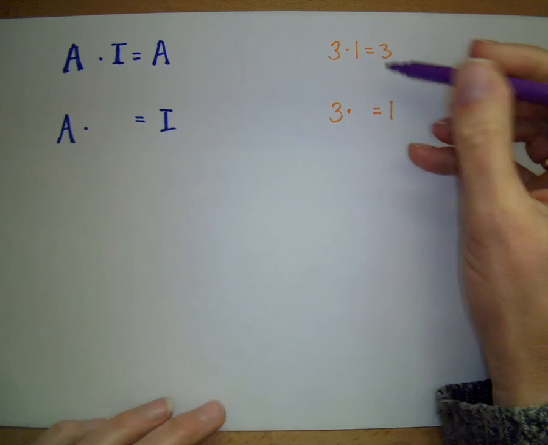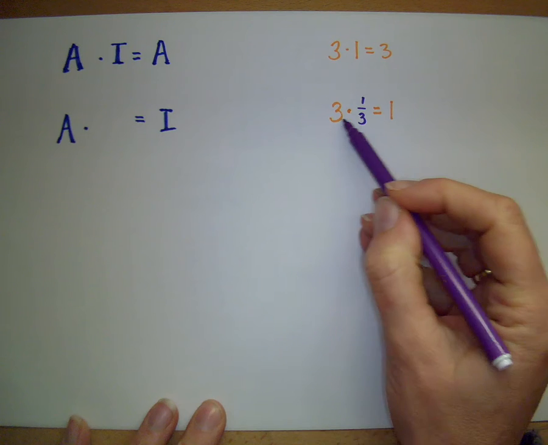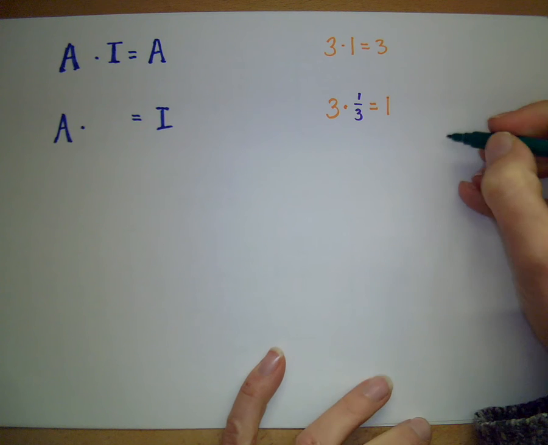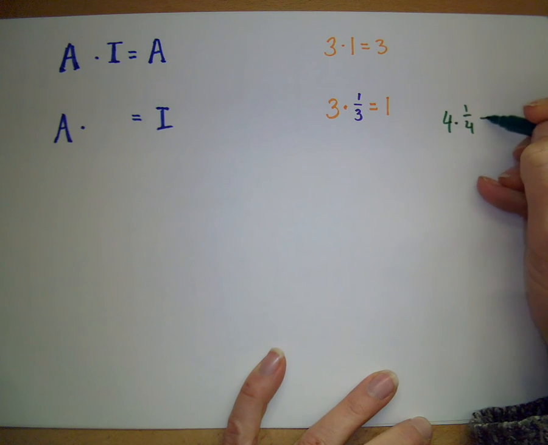Well, the inverse of our number, right? Any number multiplied by its inverse equals 1. Let's do a couple. 4 times the inverse of 4, which is 1/4, equals 1.